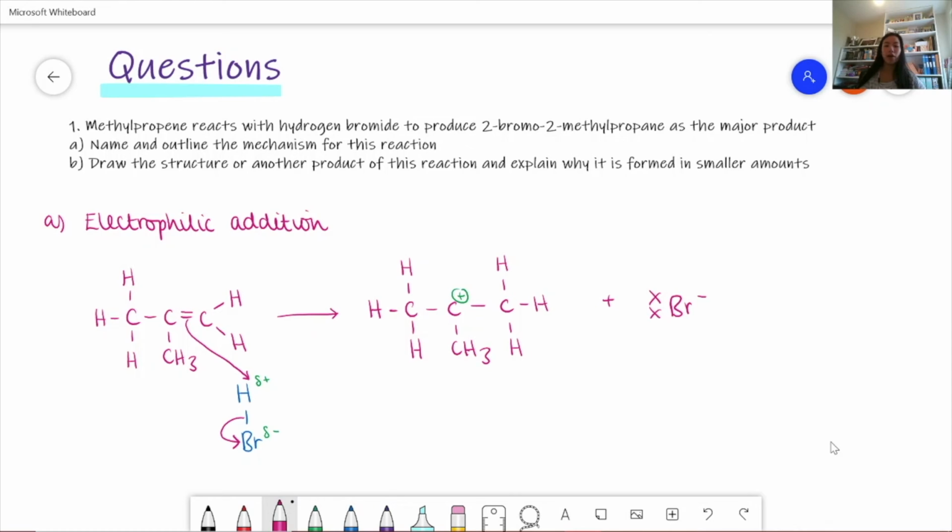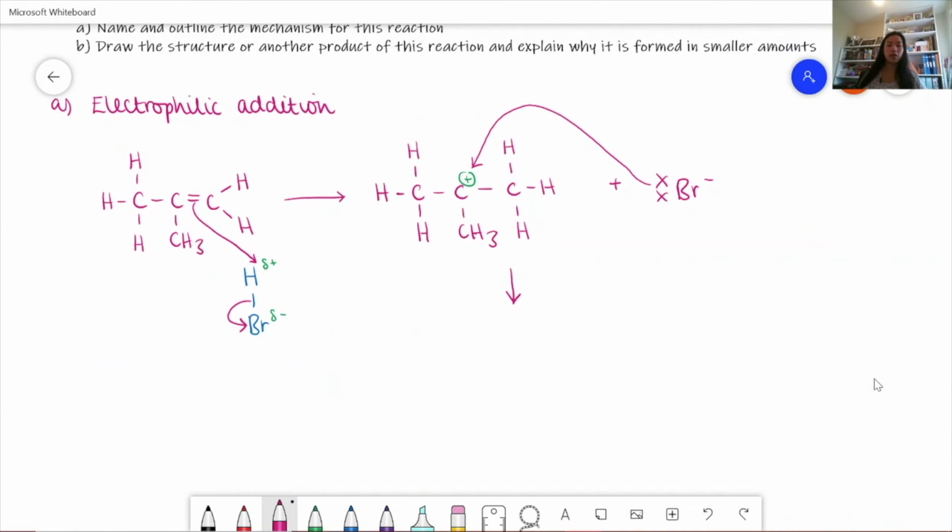And so now what happens is that we get these two electrons from the bromine attracted to the positive charge on the middle carbon. And so they move to this positive charge, and we form CH3, C, Br, and then CH3, and then the CH3.